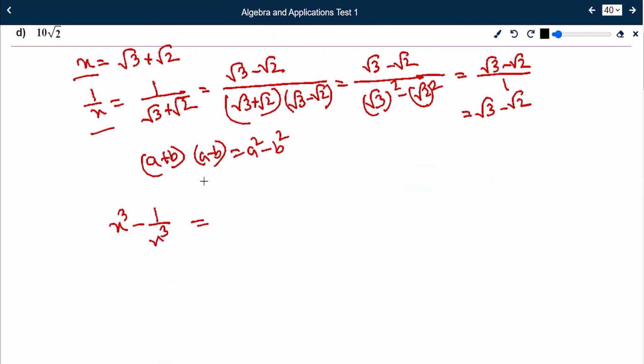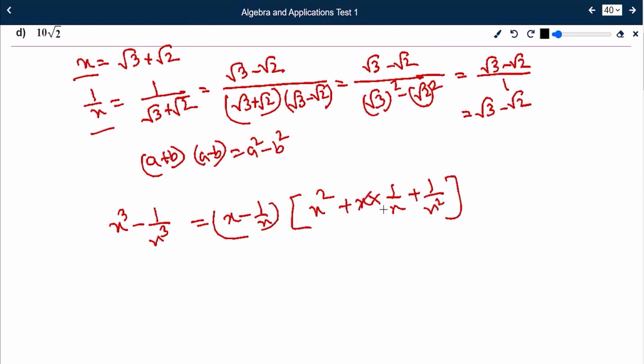So let me use the formula for a cube minus b cube. That formula is a minus b multiplied by a square plus a into b plus b square, correct?